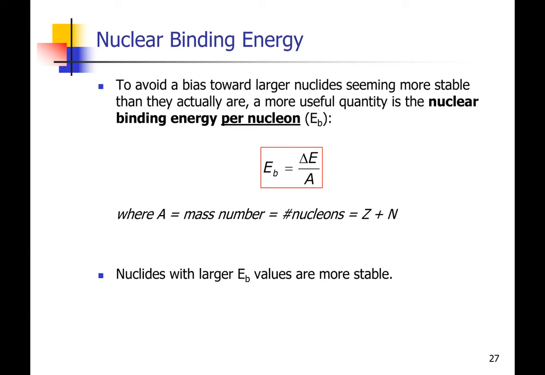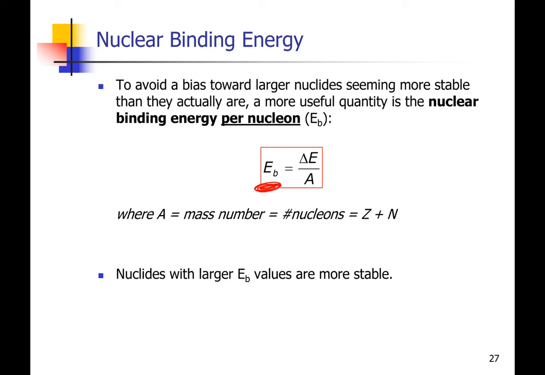So what we tend to report, and what we'll be looking at in the diagram on the next page, is actually the nuclear binding energy per nucleon, EB, here, in which we take that nuclear binding energy and divide it by the mass number, the total number of nucleons. And that way we scale our nuclear binding energy so that we can actually see which of the isotopes are more stable and less stable.